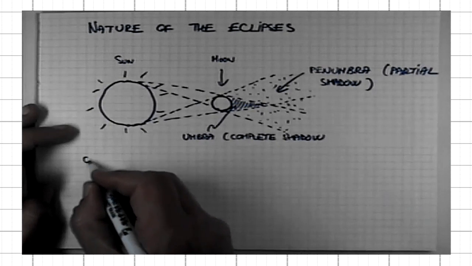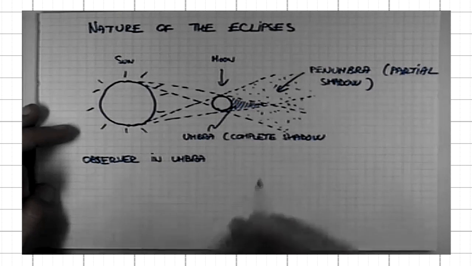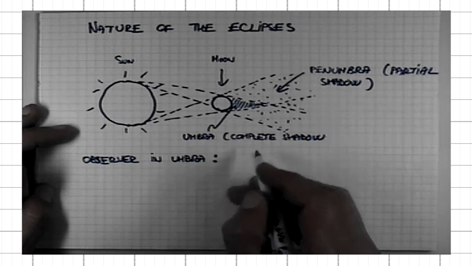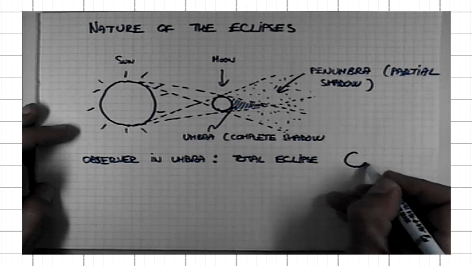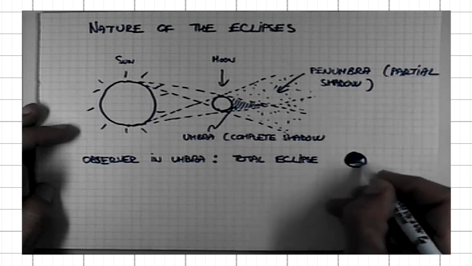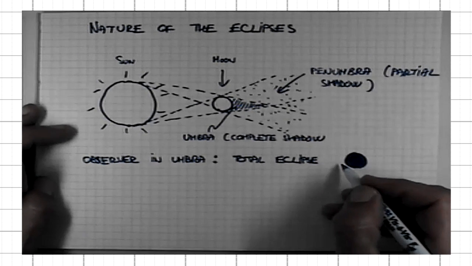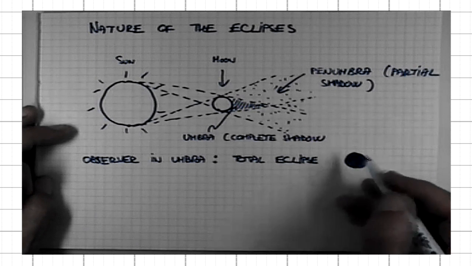So, an observer in umbra sees total eclipse. That is, the entire disk of the sun is blocked, and the only thing you can see then is the sun's lower atmosphere, the so-called chromosphere, and the outer atmosphere, the so-called corona.